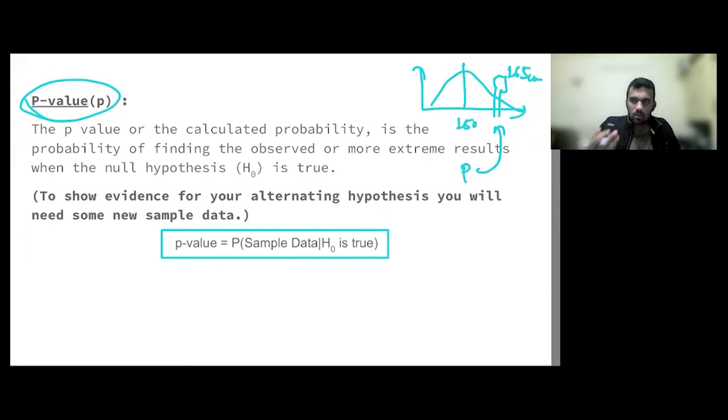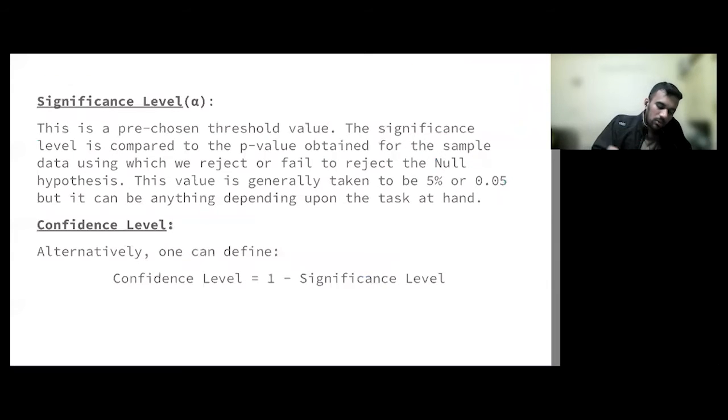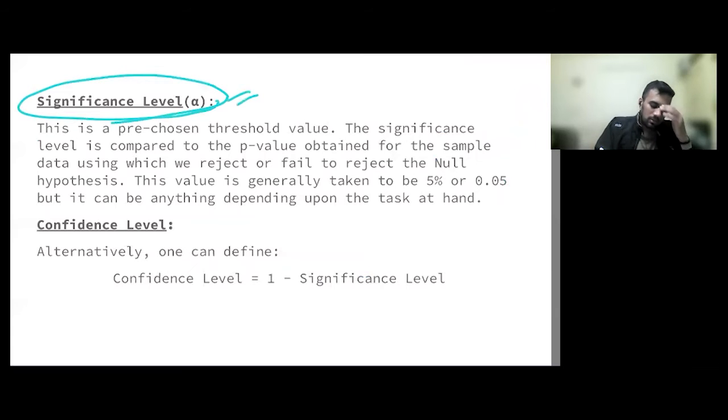Now let's say for convenience sake, this probability for this particular case comes out to be, let's say, 0.04 or 4%. This will come in handy to compare something that will come in the next slide. So before comparing, let's define one new term that is known as significance level.